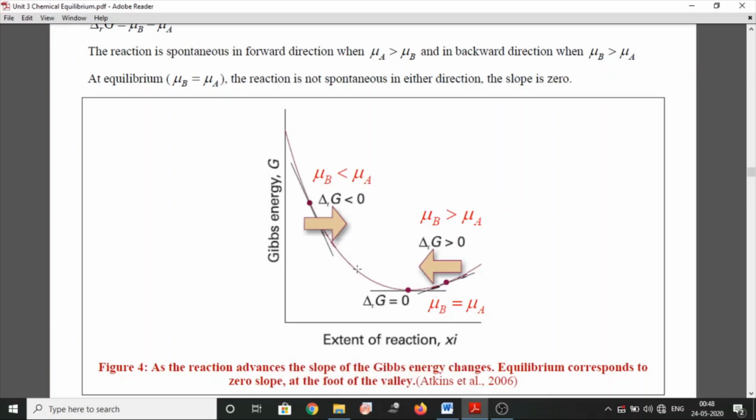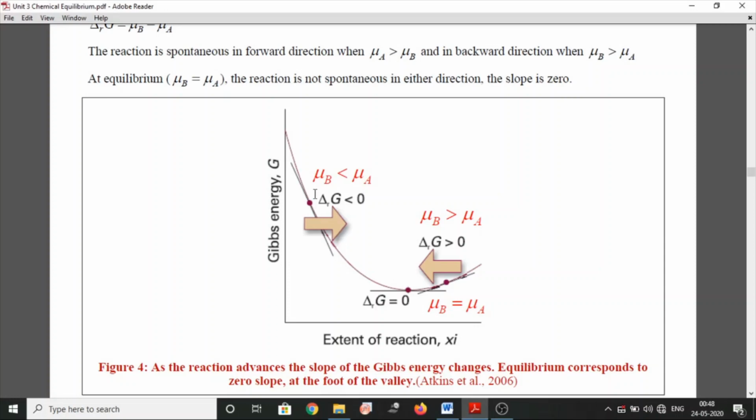Similarly, if I start from B towards A, the backward reaction, there also the Gibbs energy decreases. At a particular mixture concentration, the change in reaction Gibbs energy becomes 0.